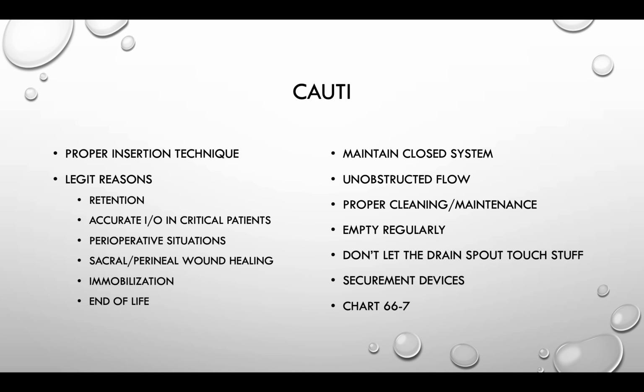That honestly is a question I have never had fully answered, but the best answer that I have received is this. When we have a patient who has urinary retention and we put in a urinary catheter, we want to start the patient on some type of medication that is going to help with urinary retention, some type of Flomax or something like that.